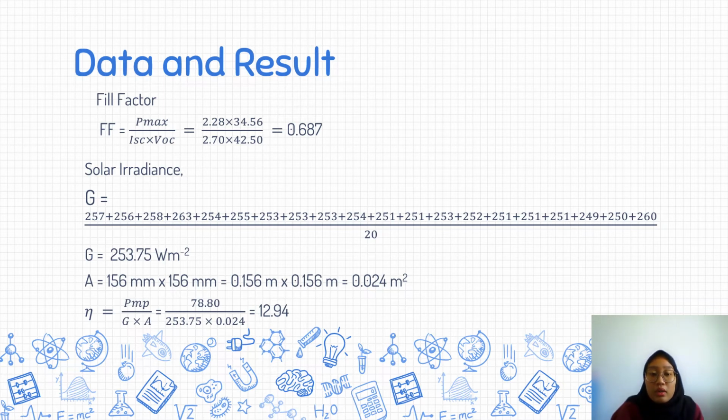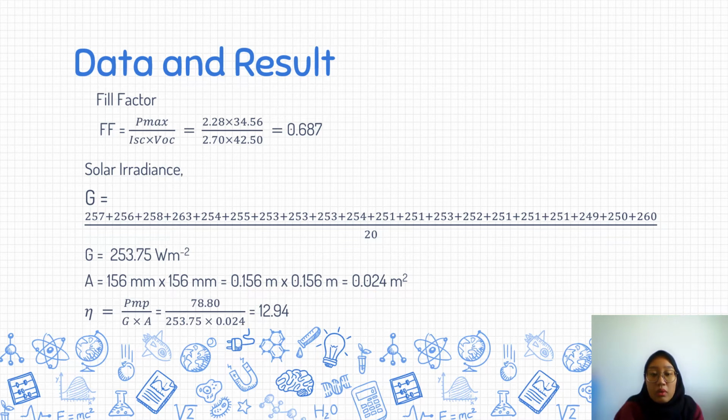For the value of area, we have to multiply 156 millimeter and 156 millimeter, and we will gain the value of 0.024 meter square.